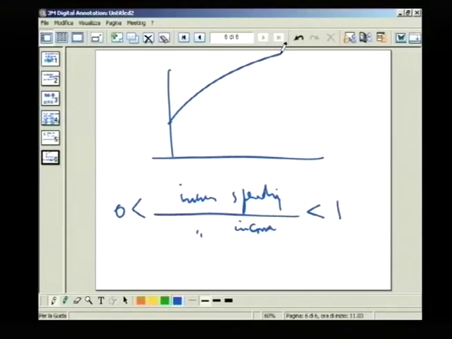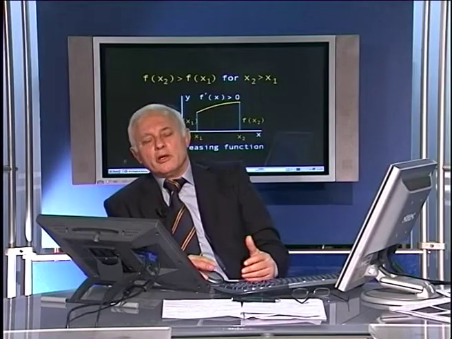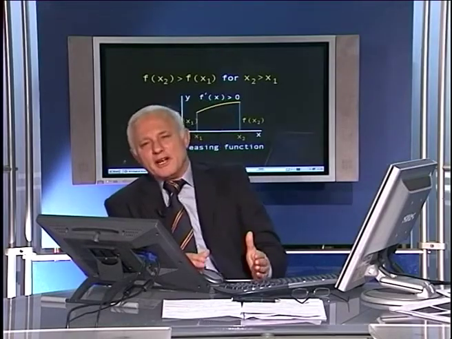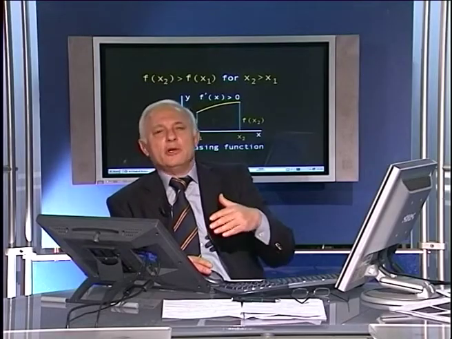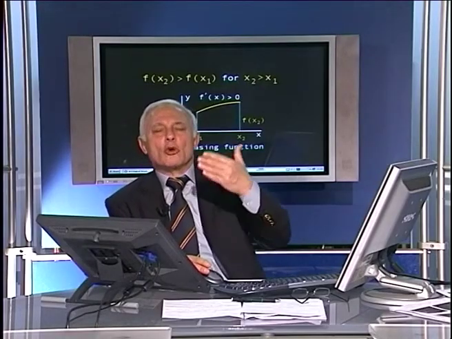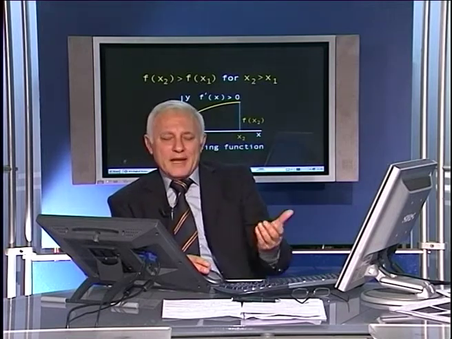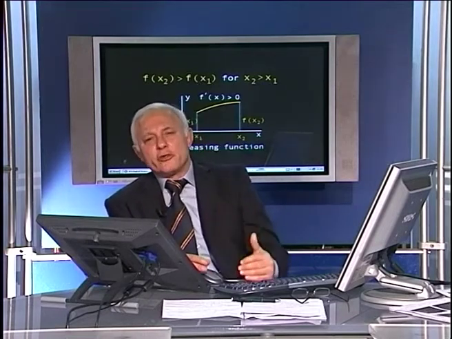Why? Because suppose, for example, your marginal propensity to consume is equal to 0.65. It means that for every extra 100 cents that you get as salary, you spend 65 cents and you save 35.